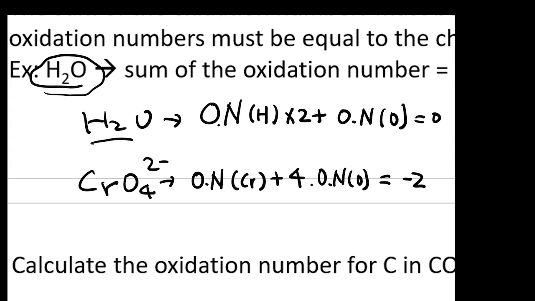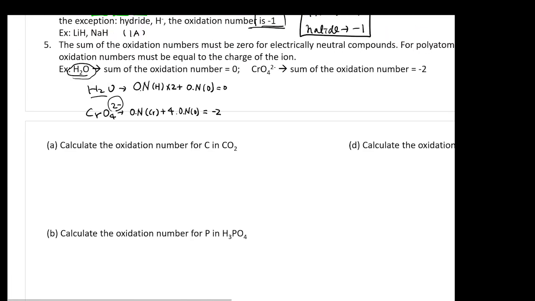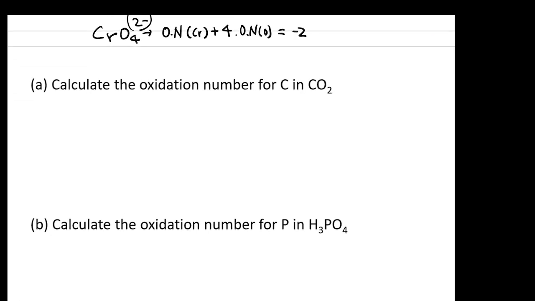If you don't see a molecule carry any charges, then the oxidation number sum of all atoms needs to equal 0. Otherwise, the sum needs to equal the charge that molecule carries. That's all the rules you need to know to calculate the oxidation number of an atom inside a molecule.